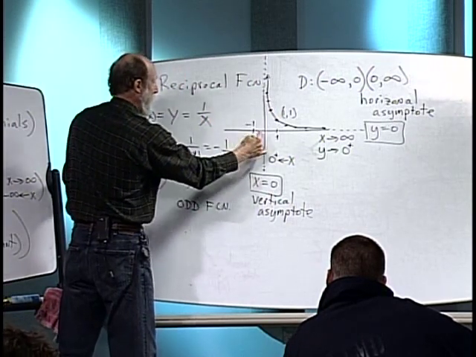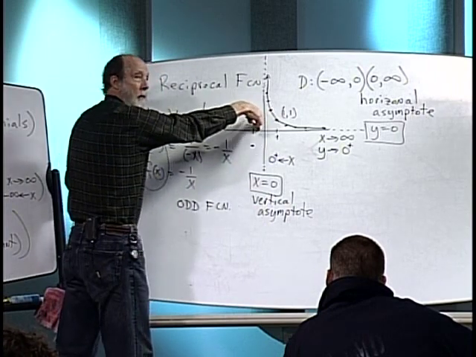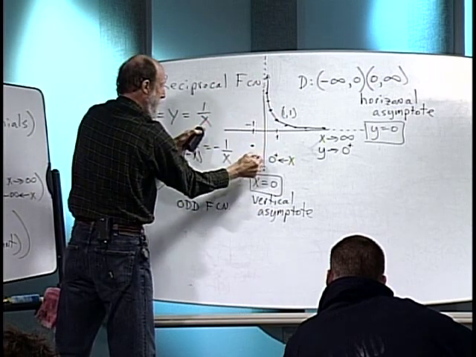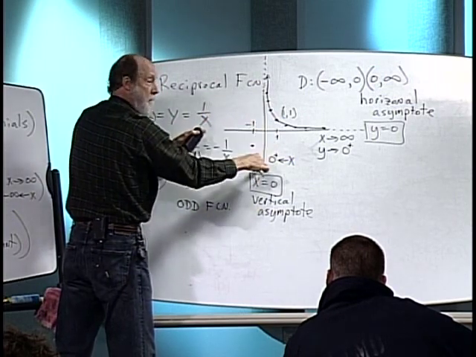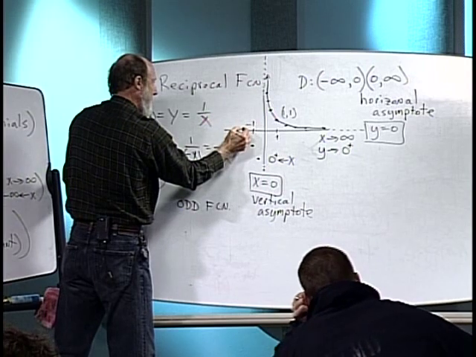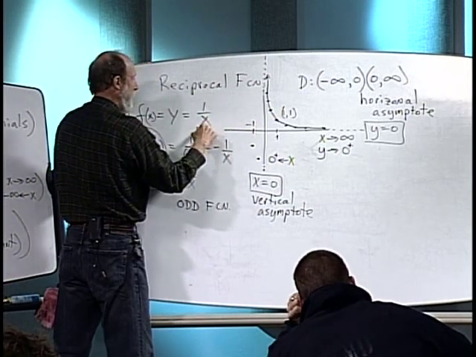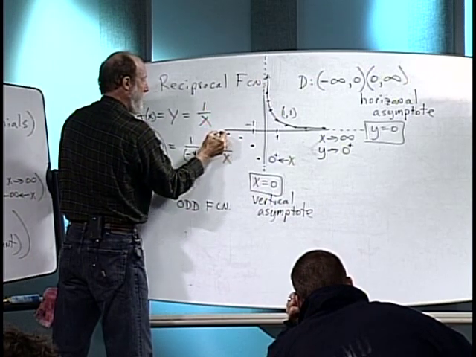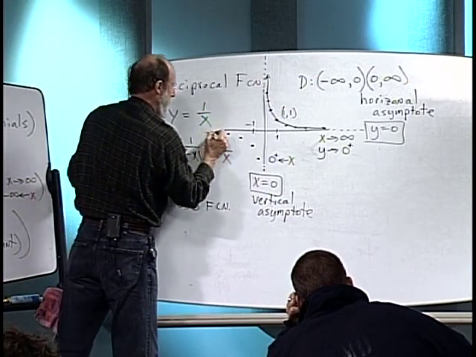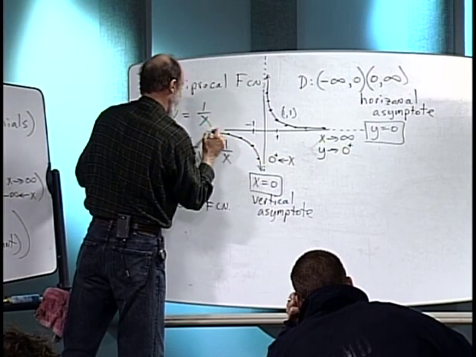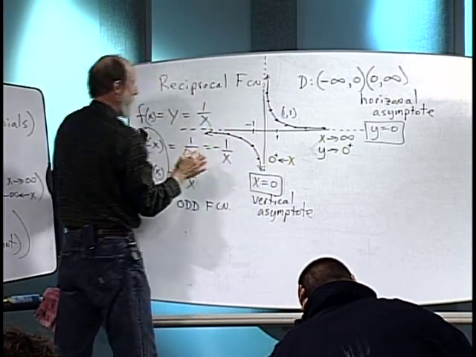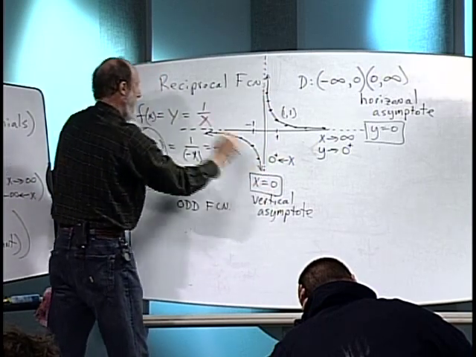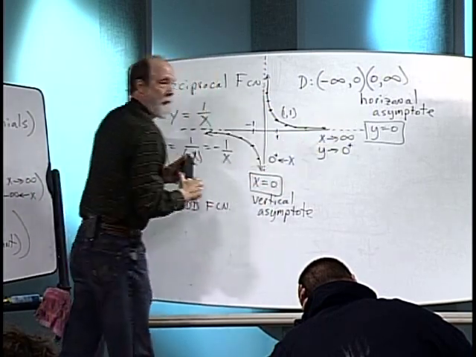If you put -0.5 in, you're going to get -2, etc. And if you go further to the left, like -2, -3: -2 would give -0.5, -3 would give -1/3, then -1/4, etc. And you get this wing of this function. Notice how I use dotted lines to indicate the vertical asymptotes and the horizontal asymptotes.